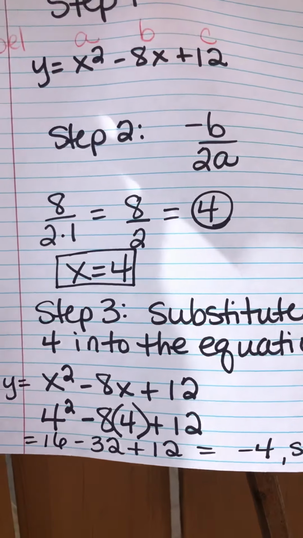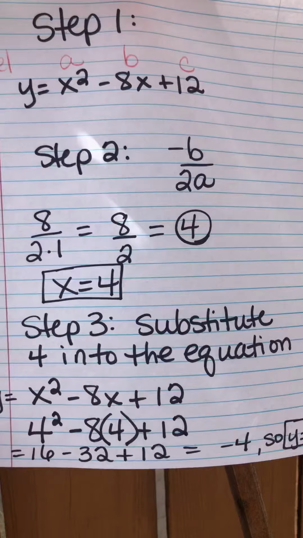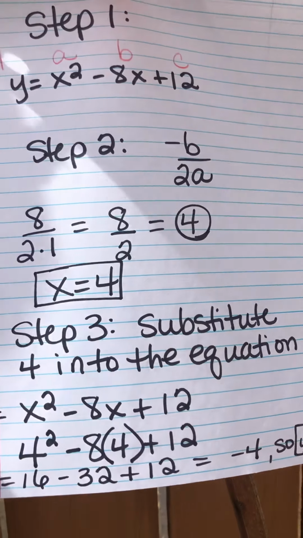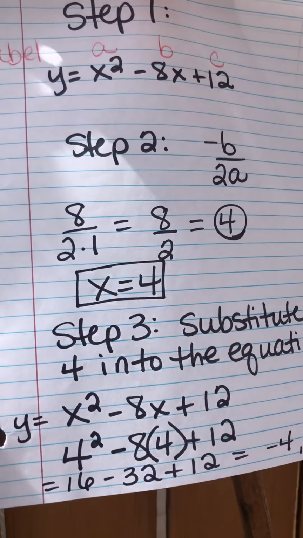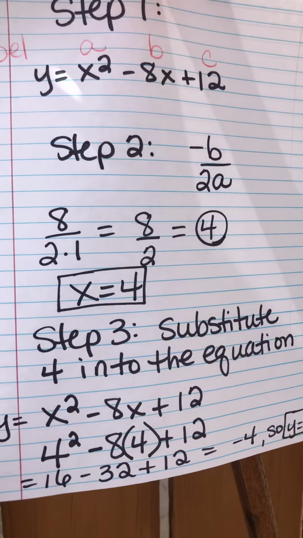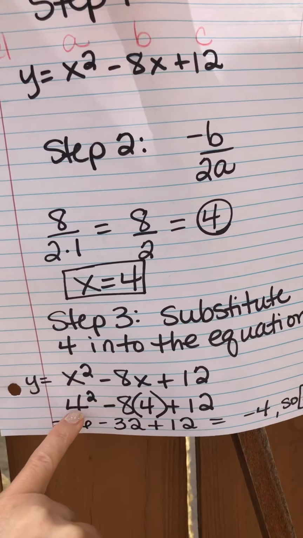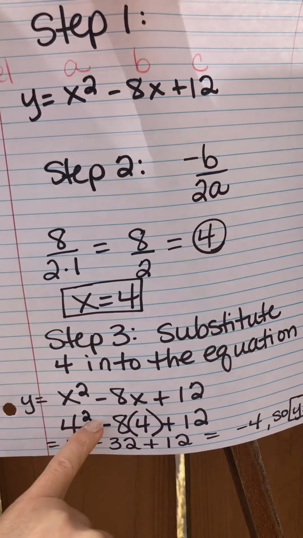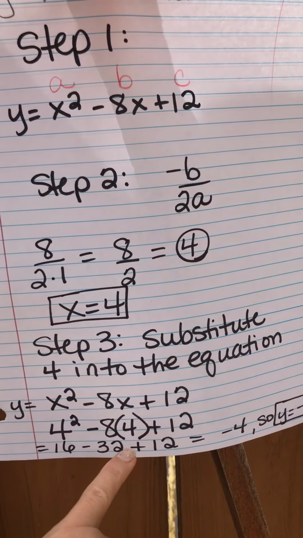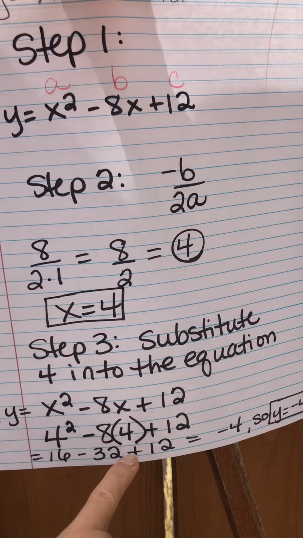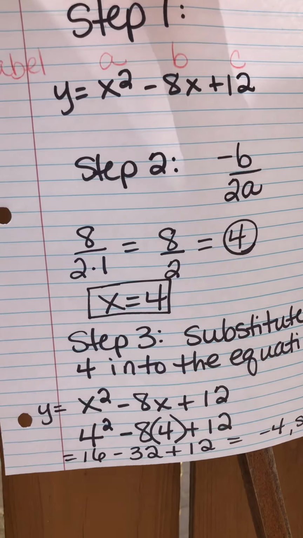Step 3. You're going to substitute 4 into the original equation. So y equals x squared minus 8x plus 12. We're going to take the 4 and put it there. So it would be 4 squared minus 8 times 4, because there's an x there, put in 4, plus 12.